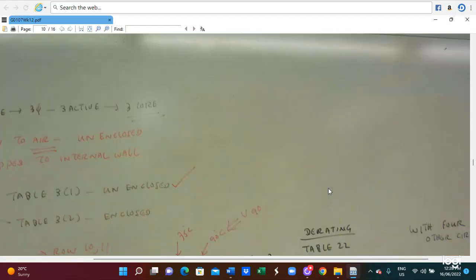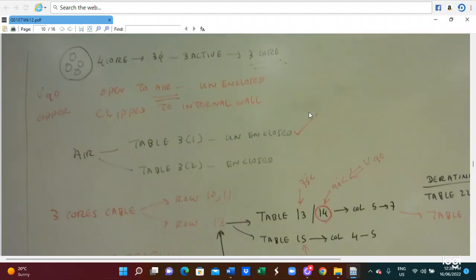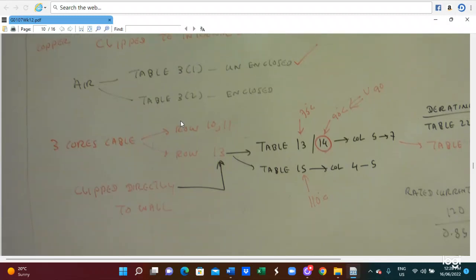So firstly, we consider the 4-core. 4-core means 3-phase, so 3 active wires, similar to 3-core. Open to air is unenclosed and clipped to the internal wall. Therefore, in the air we have to utilize table 31. This is unenclosed. From the table, for the 3-core cable, we use row 13 because they are clipped direct to the wall.